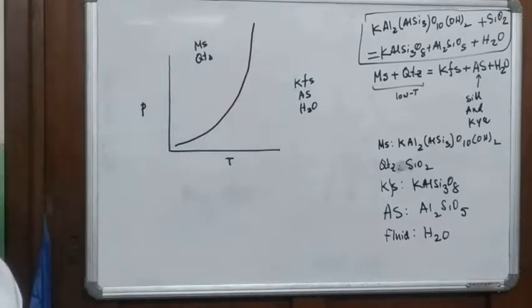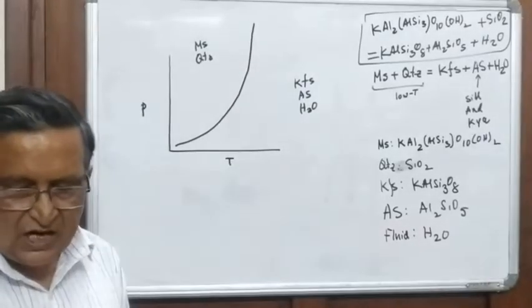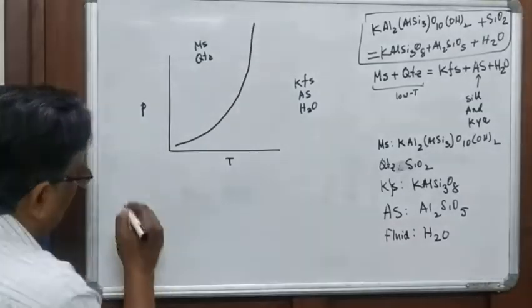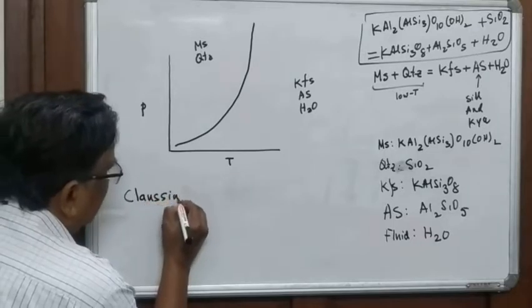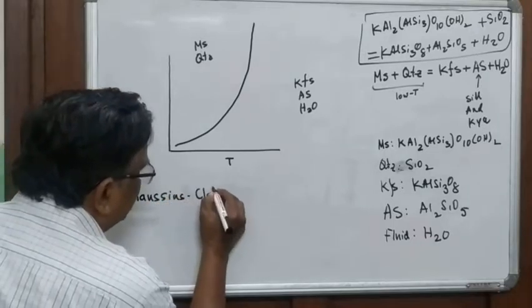I will introduce you to a small term which you read in class 12. It is called the Clausius-Clapeyron equation.